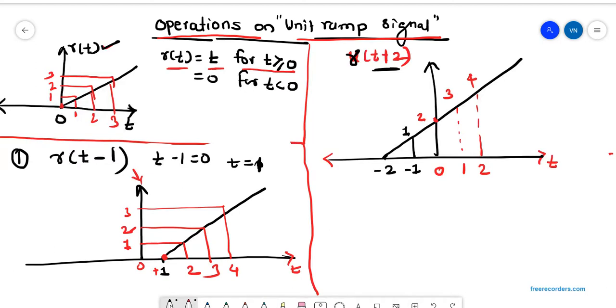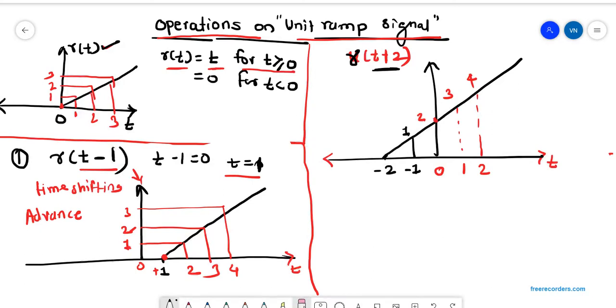Because I have taken t minus 1, I have to shift that signal by plus 1 in the right direction. This type of shifting is also called time shifting, but it is called advanced time shifting.